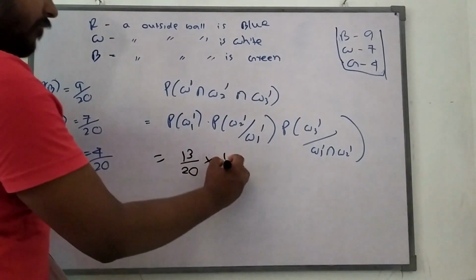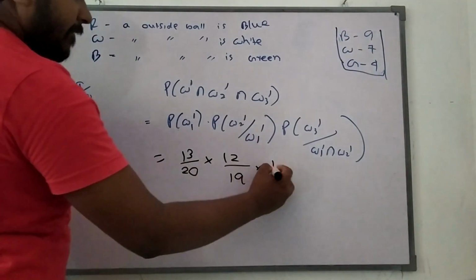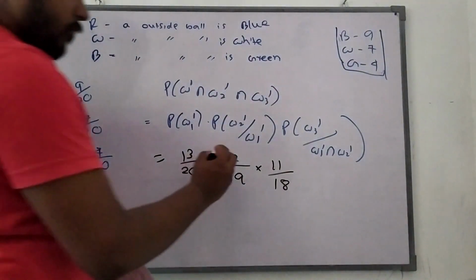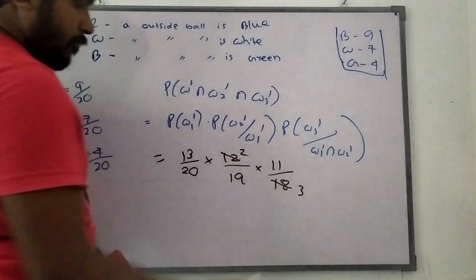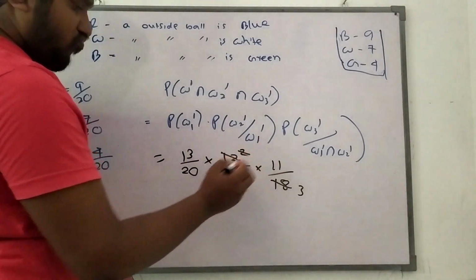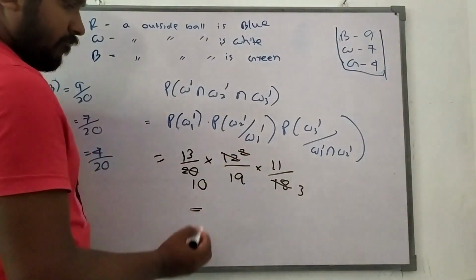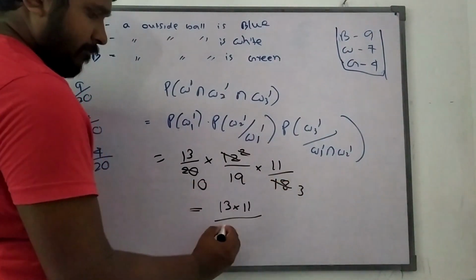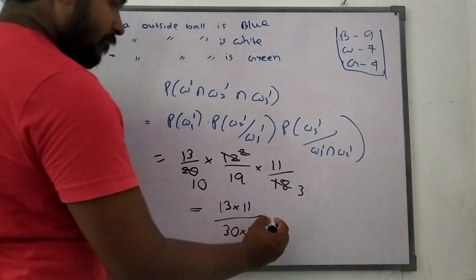Then 12 over 19, 11 over 18, and so on. 13 into 11 over 570.